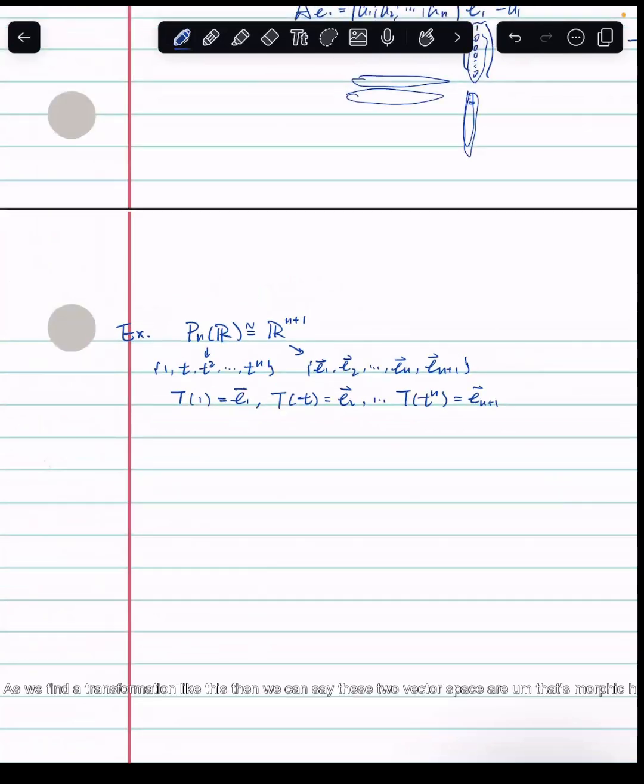As long as we define a transformation like this, then we can say these two vector spaces are isomorphic.